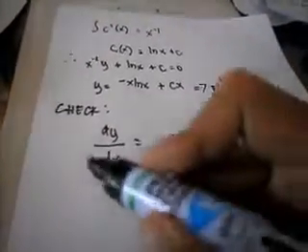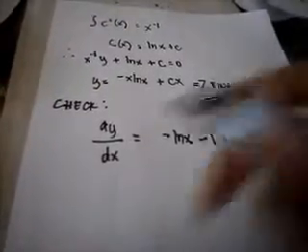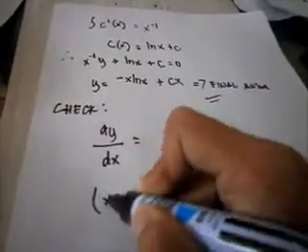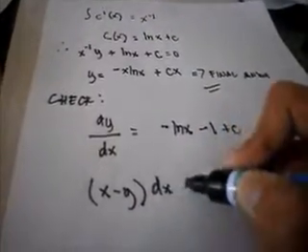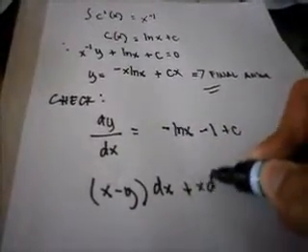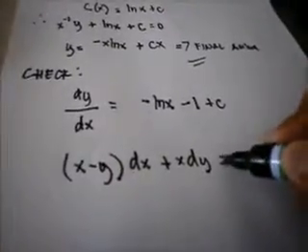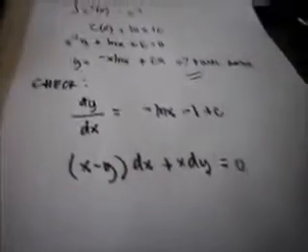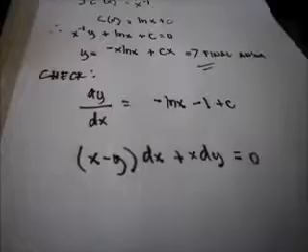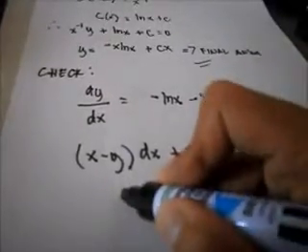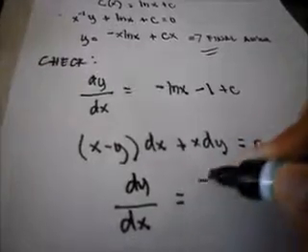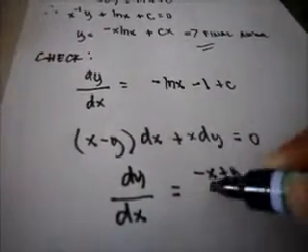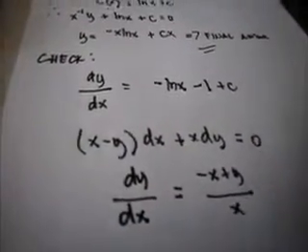And now, our original equation. Remember, this is our original equation: x minus y dx plus x dy is equal to 0. Let's manipulate that one. So we have dy dx is equal to negative x plus y over x.